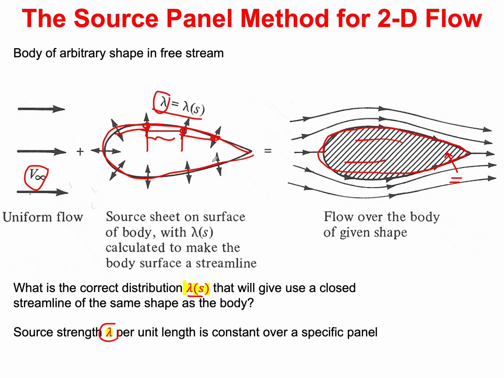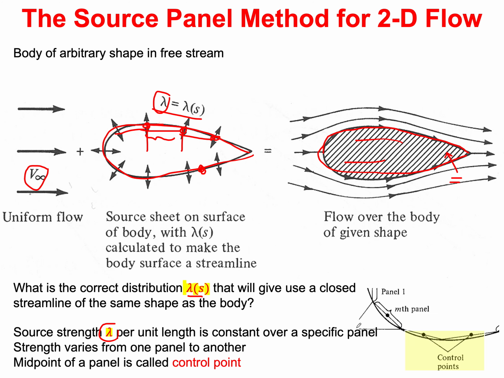Then I'm going to call the midpoint of a panel the control point, and that's where I'm going to put the lambda times the length of the panel. That's the strength of my panel.